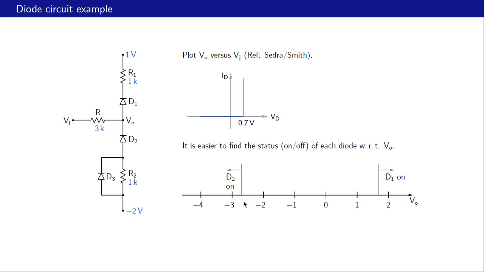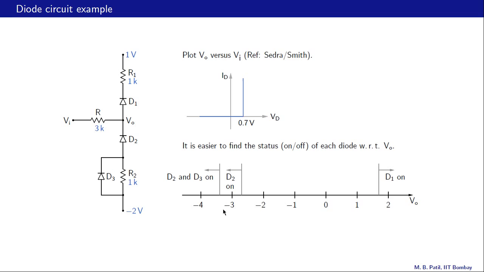Now as we increase VO in the negative direction like that, what happens is this current starts increasing, and therefore the voltage drop across R2 starts increasing, and at some point that would become 0.7 volts, and at that point D3 would start conducting. We will calculate that value of VO a little later.